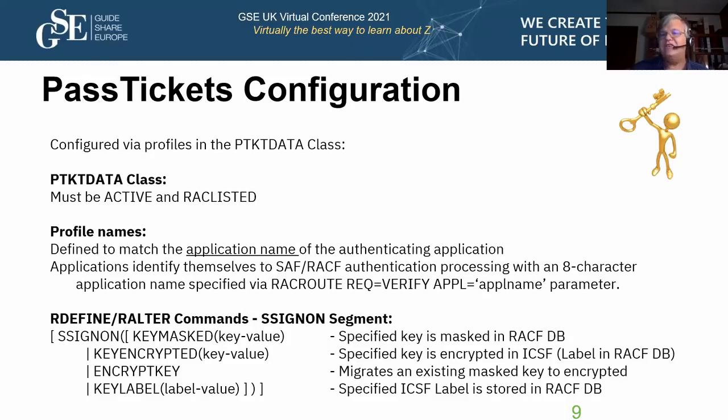A little later on, we gave you the ability to take an existing RACF-managed PTKTDATA single sign-on key and convert it from RACF into an ICSF-managed key. That's the ENCRYPT KEY keyword, which migrates an existing masked key to an encrypted key. We also gave the ability to define the key in ICSF and then simply point the profile to that key in ICSF. That was the KEYLABEL support. ENCRYPT KEY and KEYLABEL came a little bit later. KEYMASKED and KEYENCRYPTED have been around since the 90s.